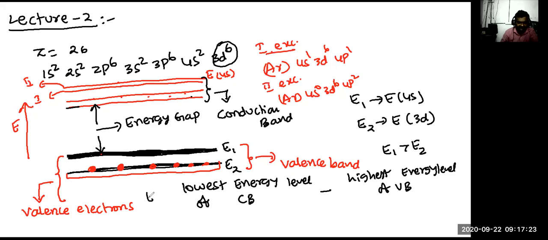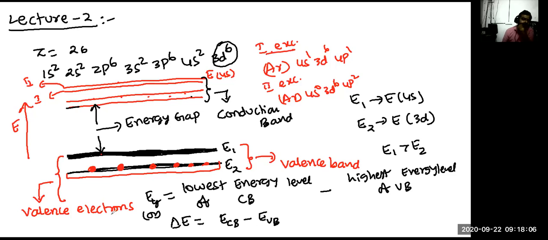In some textbooks, the energy gap is indicated with Eg, or we can write it as delta E. Now we need to examine the energy gap for conductors, insulators, as well as semiconductors. The energy gap is the energy of the conduction band minus the energy of the valence band.